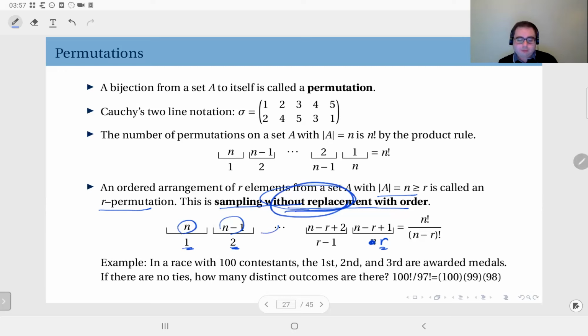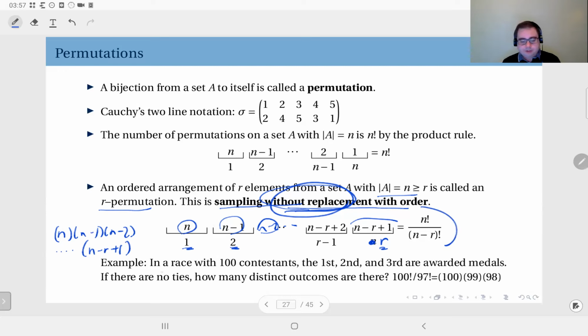In the third one it would be n minus 2, etc. And the final one will be n minus r plus 1. So this is what we call a falling factorial, n times n minus 1 times n minus 2 times ... times n minus r plus 1. Essentially this is equal to n factorial divided by n minus r factorial.